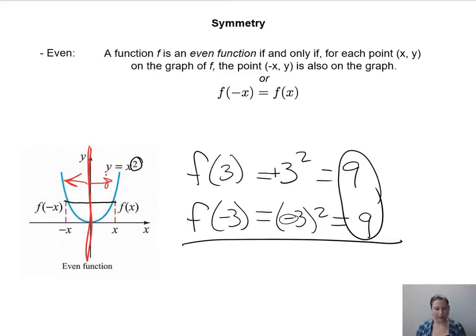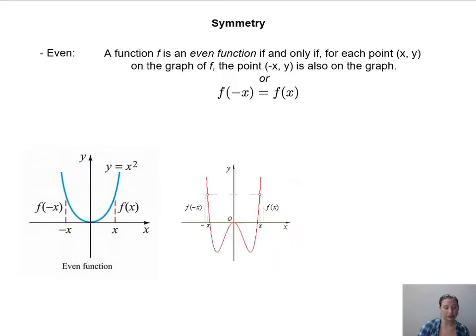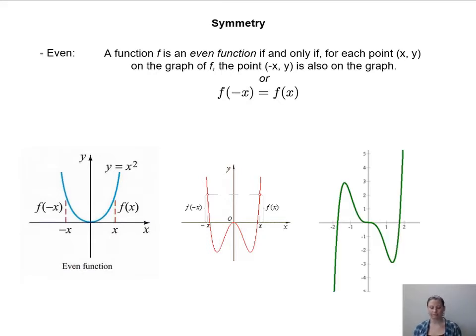Okay, another example of even symmetry would be this function. It's mirrored exactly again across the y-axis. So both of these are even symmetry. What about this last one? Is this one mirrored across the y-axis?